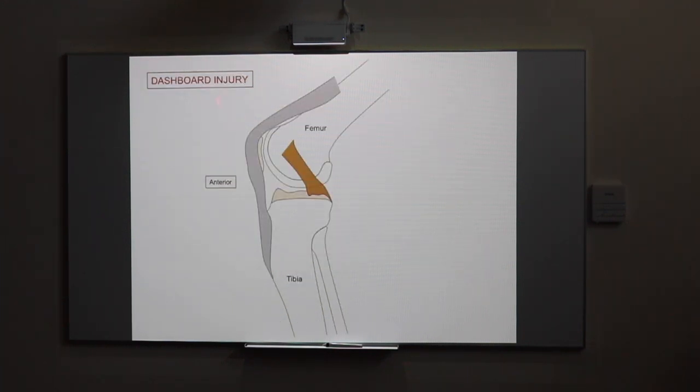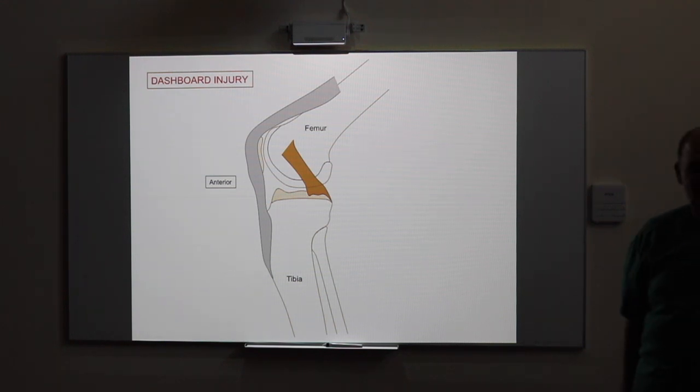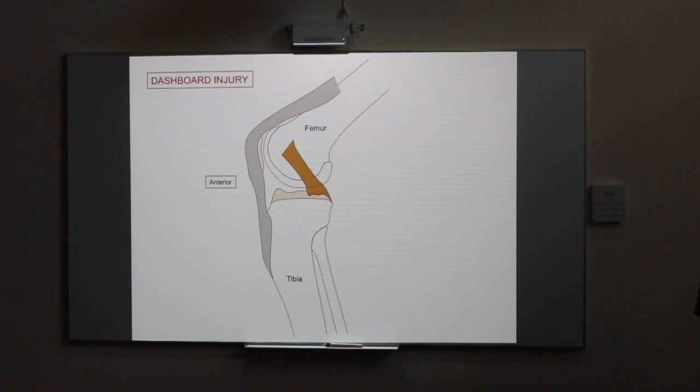Now, dashboard injury. Dashboard injury is a very popular injury. Tell me first, what is a sedan injury? In English we call it the bumper injury.